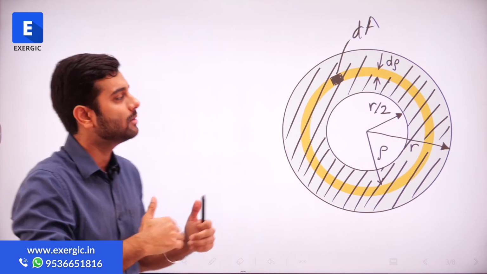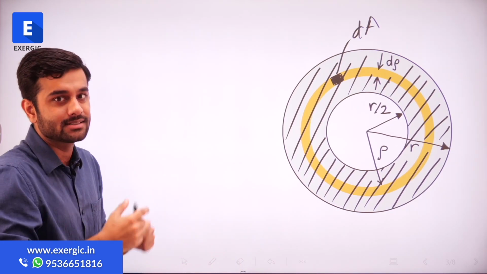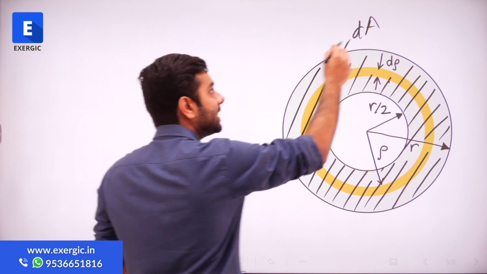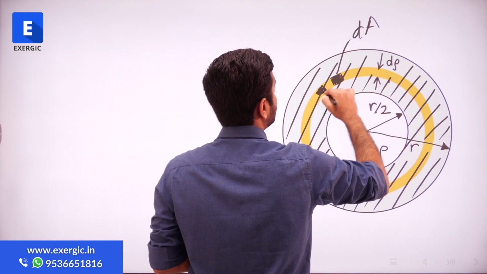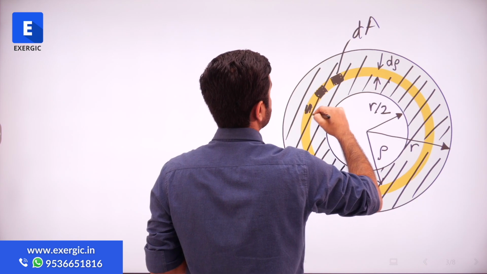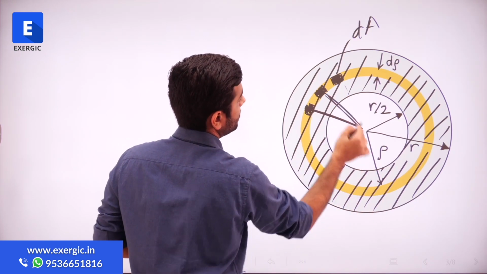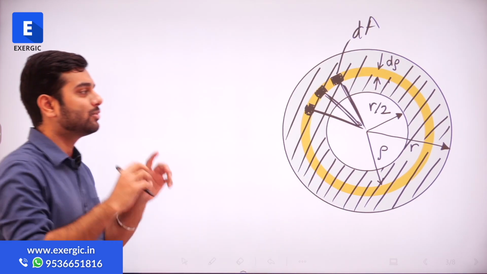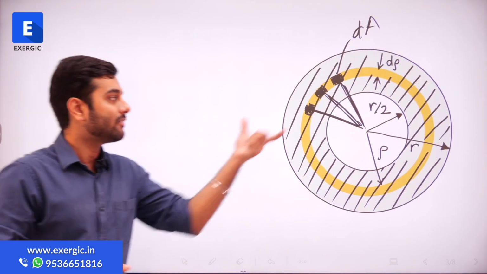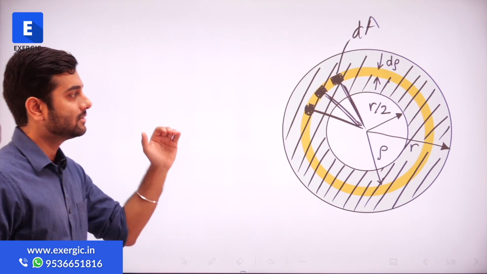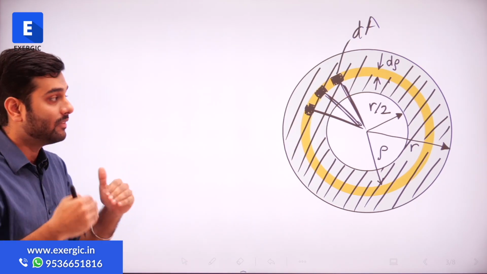Now, when I move forward, it makes sense to select first those areas which are at the same distance from the center, because while finding the entire torque, the value of r will be the same for them. So it's an easier and logical way to start.